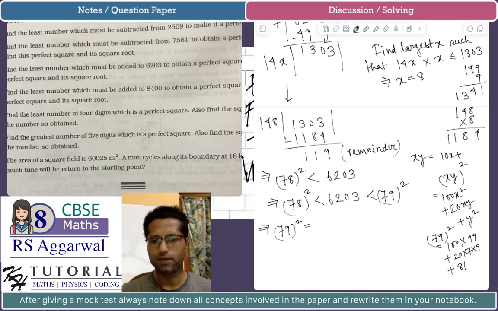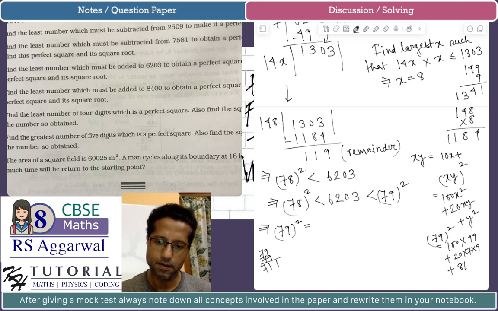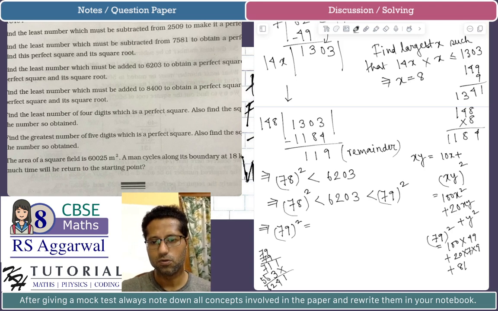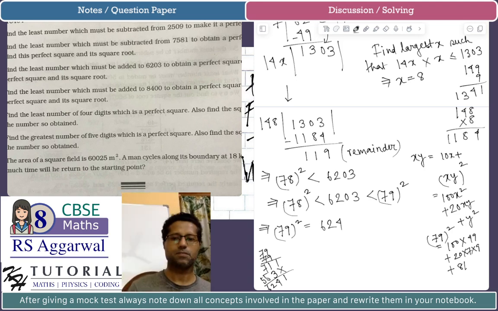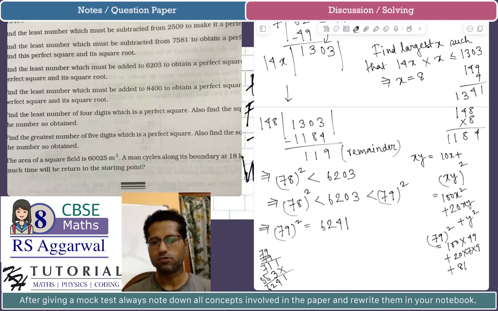So what is 79 squared? 79 multiplied by 79 is 6241. So 79 whole square is 6241.